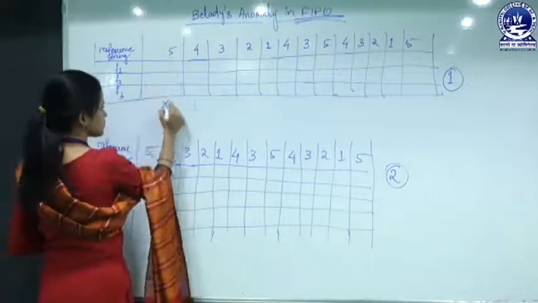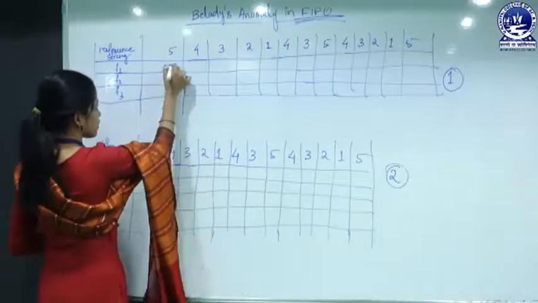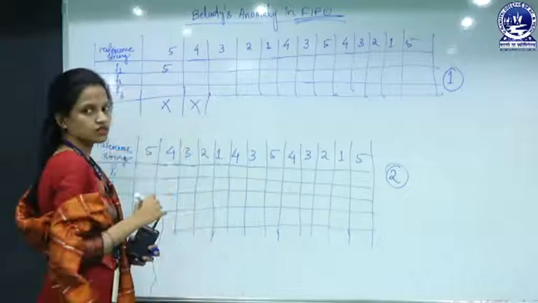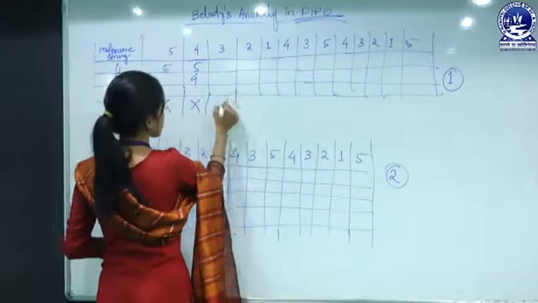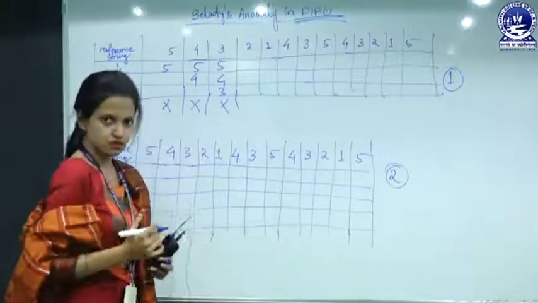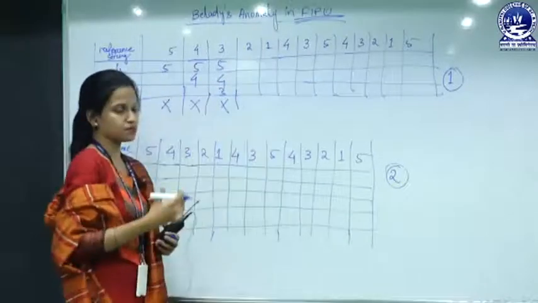There is obviously a page fault, 5 is not there, so 5. Next 4 is not there, there is also a page fault, fine, so 5, 4. Again page fault, 5, 4, 3, now the frame is full. Okay, so the next page has to be replaced. Which page?